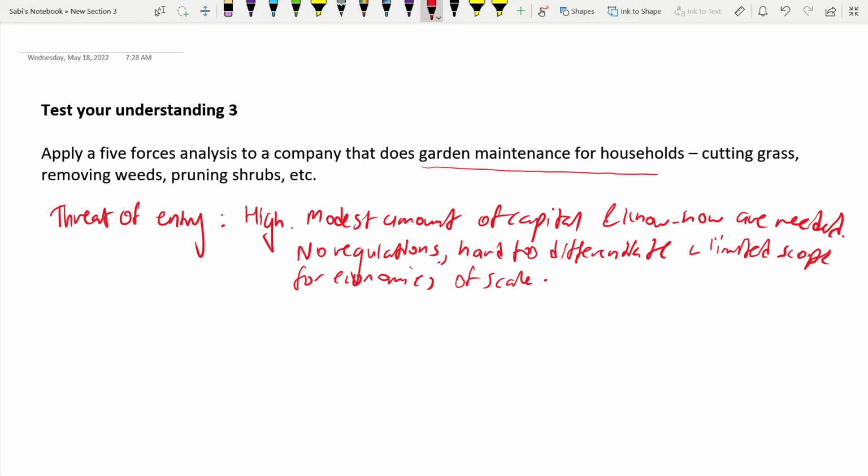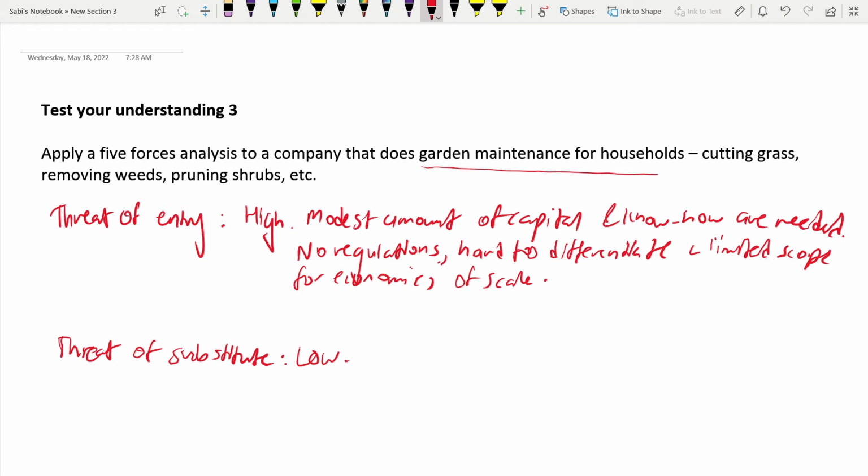Threat of substitutes. High or low? It's low. Why? Except for householders who opt for a very low maintenance garden, or customers who choose to look after their own gardens.